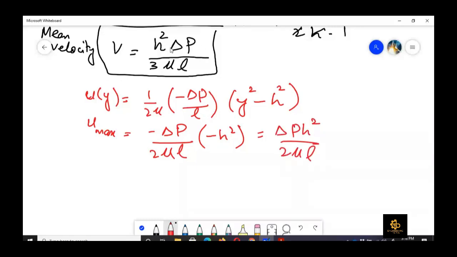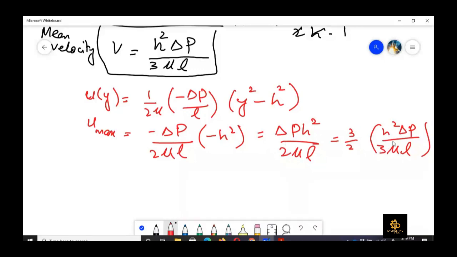So if you see here, we have got h, the numerator is the same, the denominator is a little bit different. So if we want to incorporate the mean velocity in this relation, we need to divide by 3 and multiply by 3. If we do that, we can say that it would be 3 by 2 into h square delta p divided by 3 mu l. We haven't done anything wrong. We have multiplied it by 3 and divided it by 3.